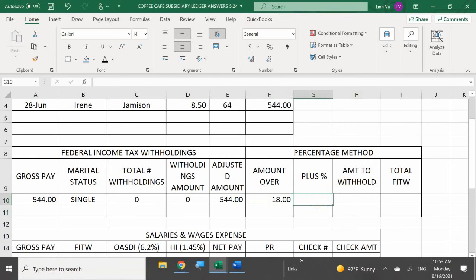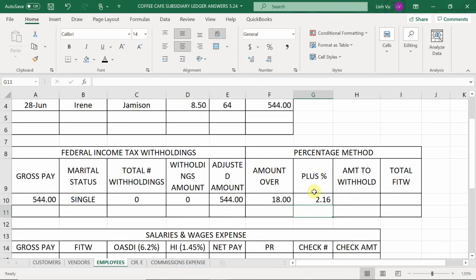Plus the 12%: what is 12% of her earnings? It's the 18 times 12%, because that's the bracket she belongs in. So $2.16 is how much in excess she's going to be charged based on that 12%. But we know that the government is going to withhold $38 even.